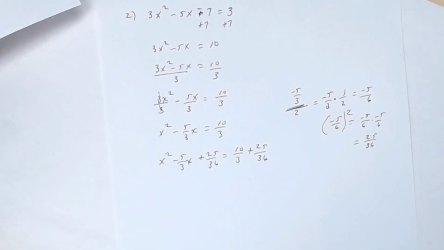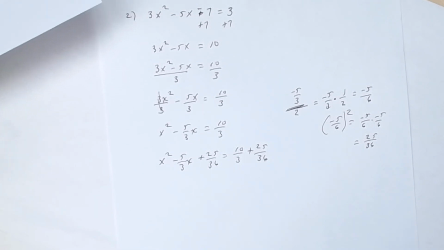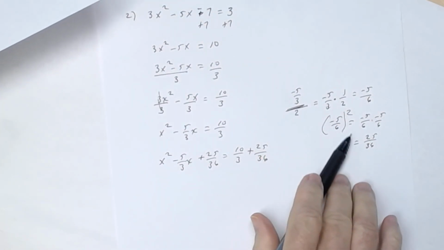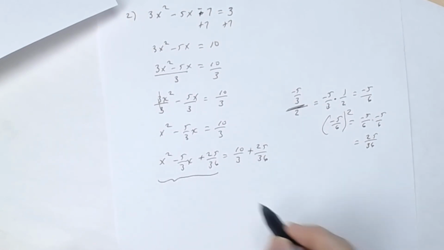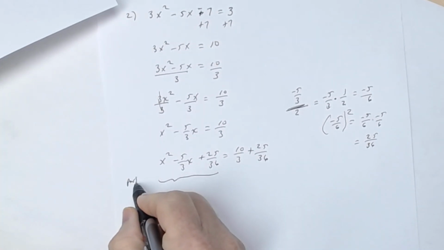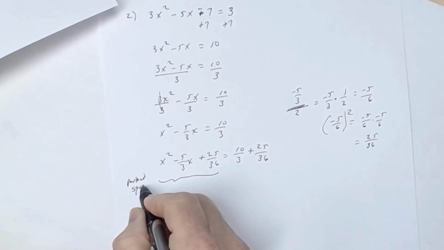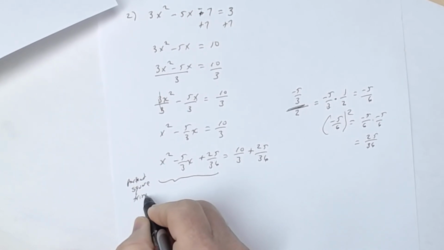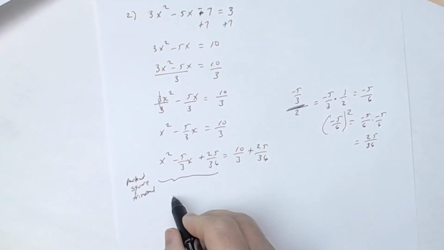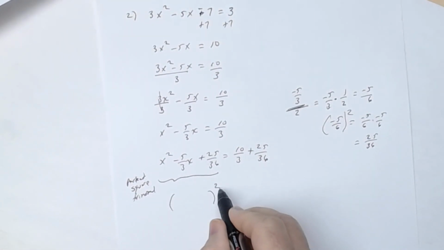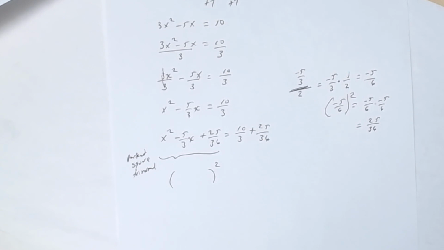Okay, now, if I did all of this work right here correctly, then remember, this is now a perfect square trinomial, meaning that I should now be able to factor this as a binomial squared.